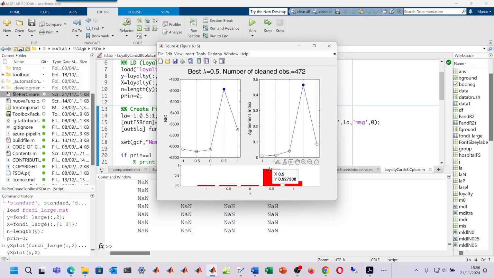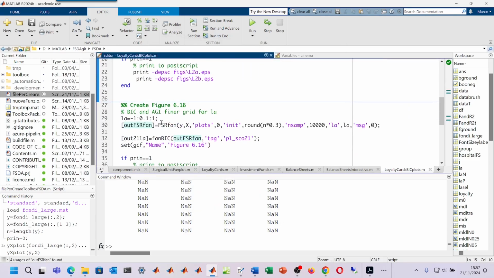For all other values over this grid of lambda, a large number of outliers are detected. We have two criteria for defining the best value of the transformation parameter, a BIC or an agreement index. The agreement index roughly checks how close to zero the trajectory is in the central part of the search. These two criteria agree that, considering just the five most common values of lambda, 0.5 is the best value of the transformation parameter.